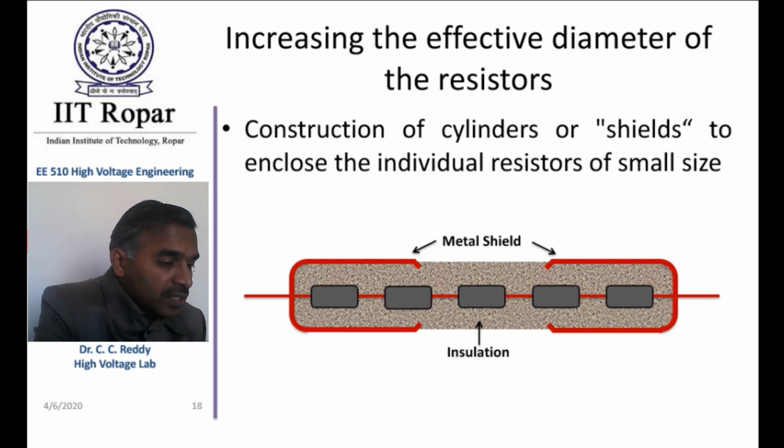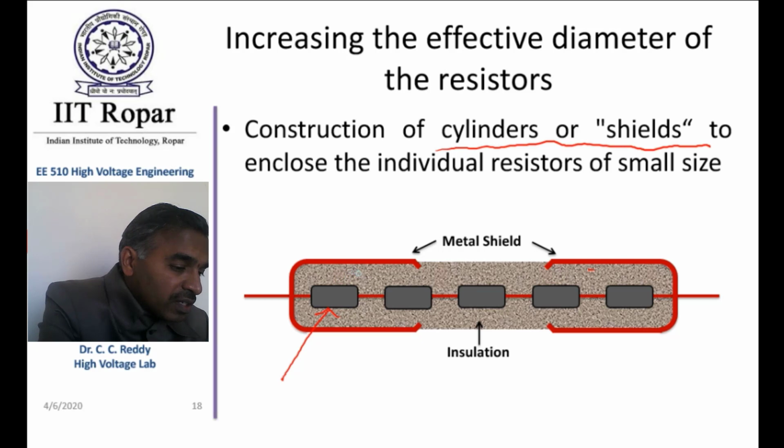Actually, high voltage resistors are constructed using small resistors which are normally used for low voltage only, but they are connected in series and encapsulated in a cylindrical structure or shielded structure like this. Normal resistors have this kind of structure with a small lead wire like this.